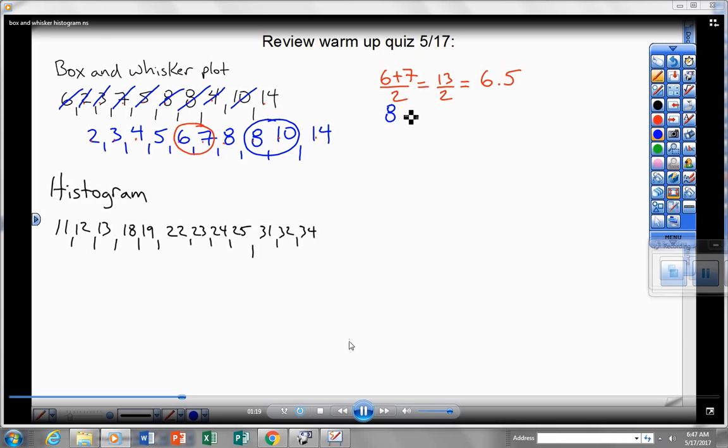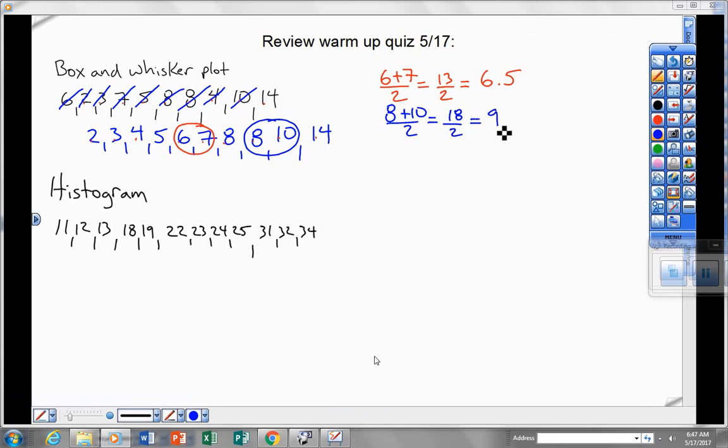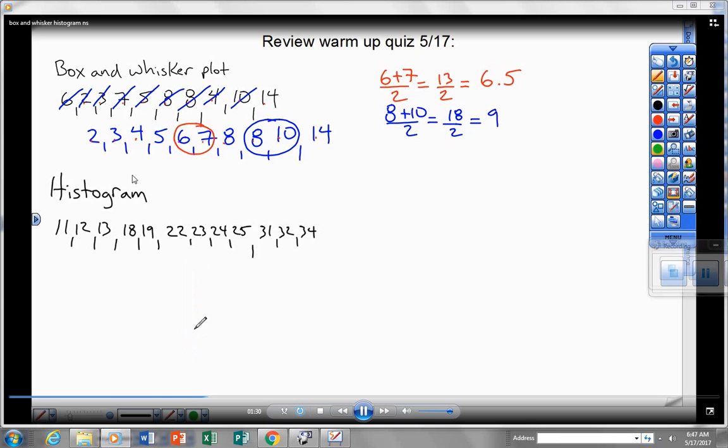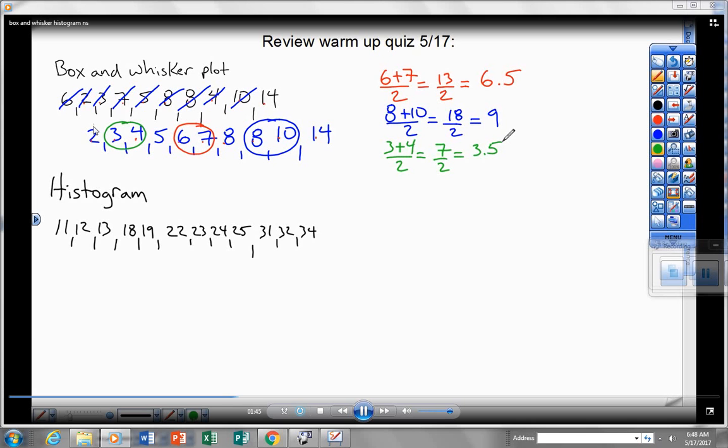But the math to show that is 8 plus 10 divided by 2 gives me 18 divided by 2, which is 9. The bottom half, I need to find the median between 3 and 4. So I take 3 plus 4, add that up, divide by 2, gives me 7 divided by 2, which is 3.5. Now I have my 3 medians.